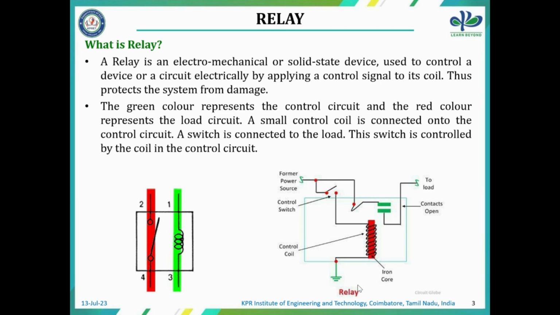If we connect the control switch from the source to the coil, it will induce some energy around the coil. When the coil is energized, it attracts the nearby electromechanical switch contacts placed close to it. So there is a small control coil connected in the control circuit.